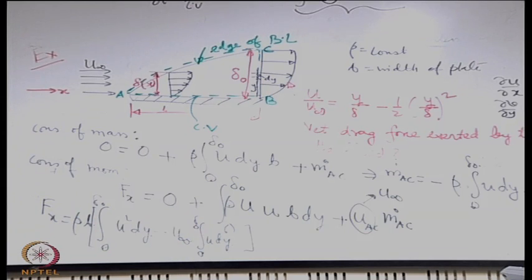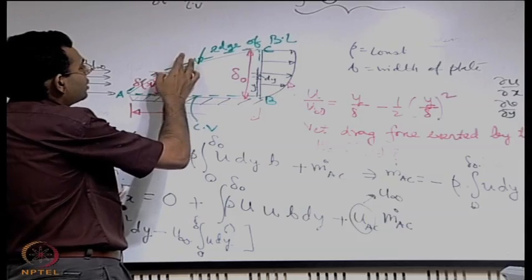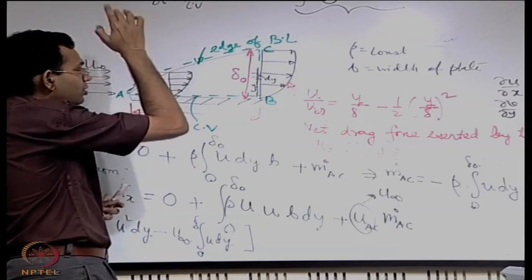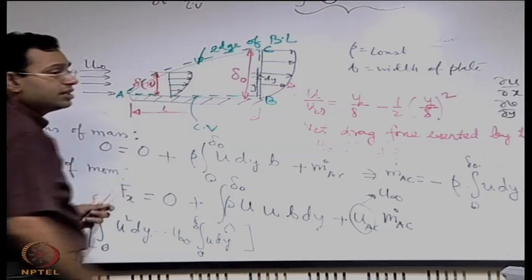Now let us look into what could be an alternative choice of the control volume, maybe to solve the problem a bit more elegantly, not that it is too dirty, but one could do it in a bit more elegant manner. One interesting thing you observe from here is that there is only an x component of velocity, and the y component of velocity in the free stream is 0, but there is some flow across the surface AC.